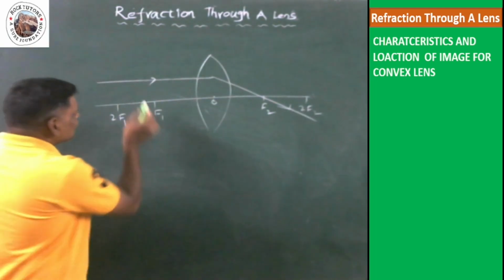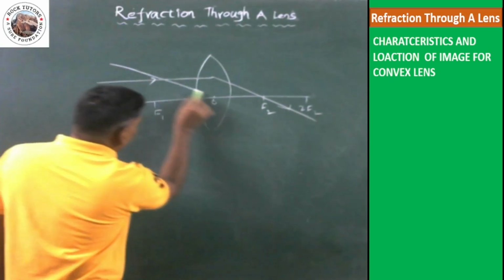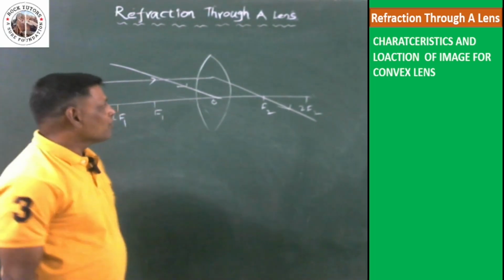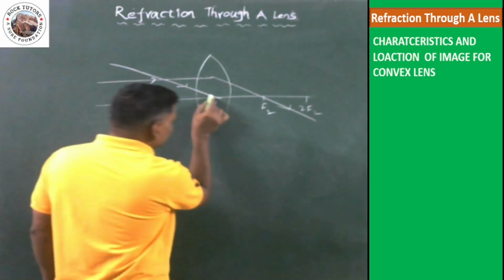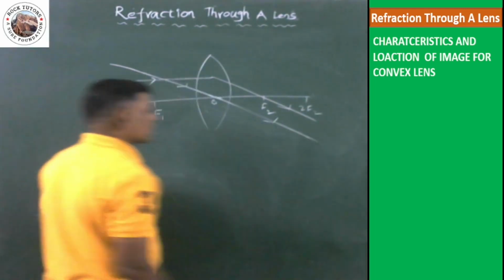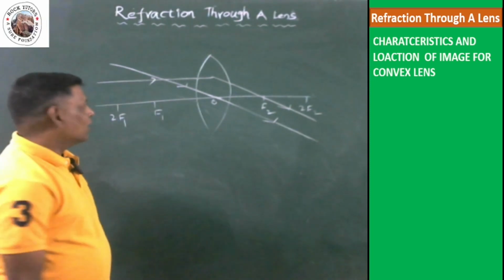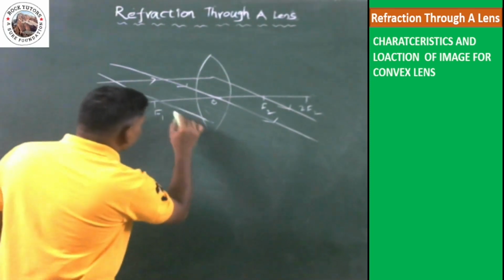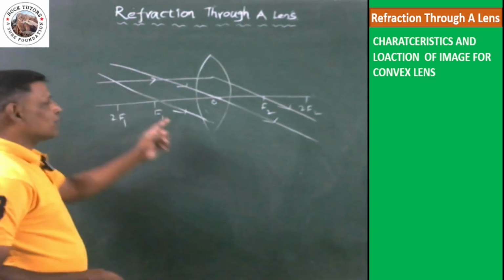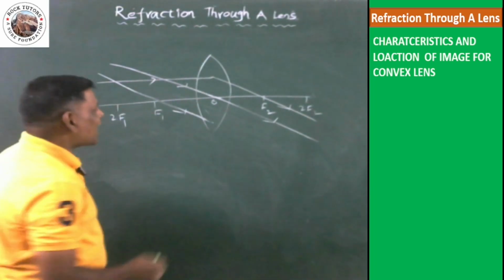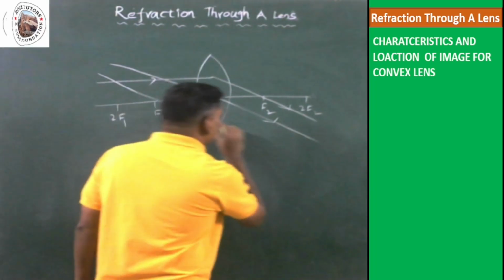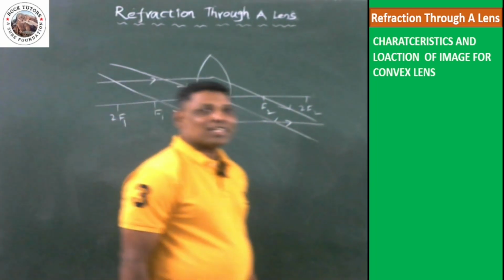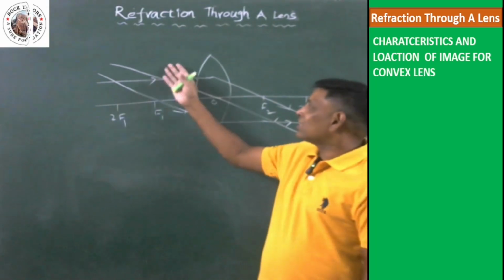If the ray is passing through the optical center, refraction is without any deviation, it will go straight. If the ray is passing through focus F1, after refraction, it will be parallel to the principal axis. We discussed these three rays.